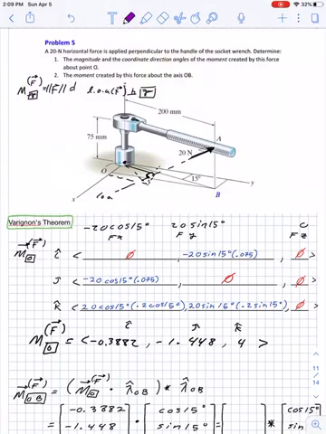That's where you get the, you take this R force or this R vector, and then when you intersect it, again, this is the line of action.